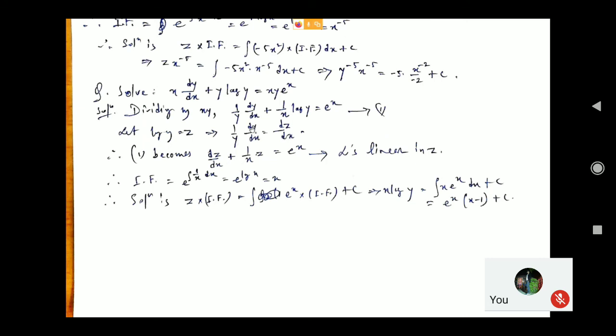So this value of dy/dx, if you put in equation 1, it becomes like this, which is again Leibniz's linear equation. And once you know that it is Leibniz linear equation, then there is no problem. You can find the integrating factor and write the solution like earlier.